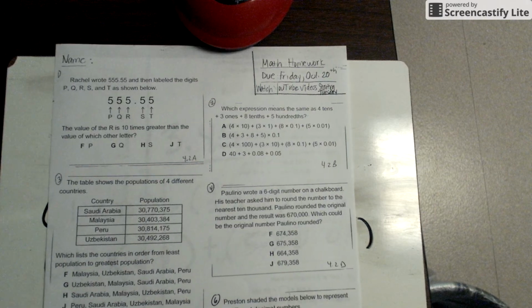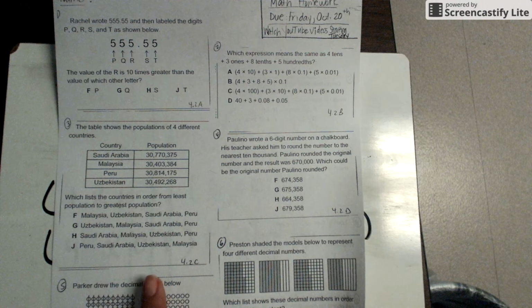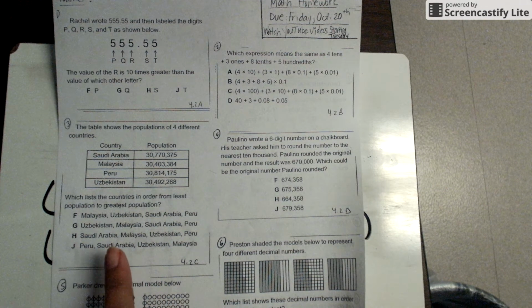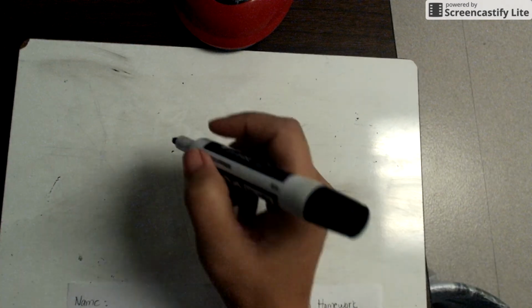Number 3, 4.2c, is putting numbers in order from greatest to least or least to greatest. And I know last week in the videos I showed y'all that we do this by lining up our digits.